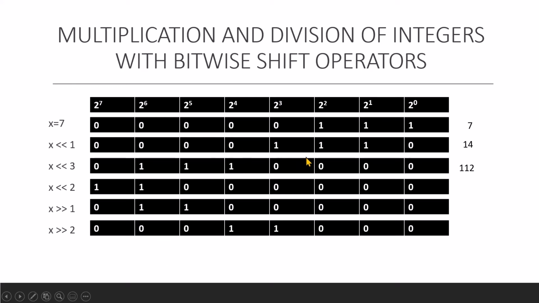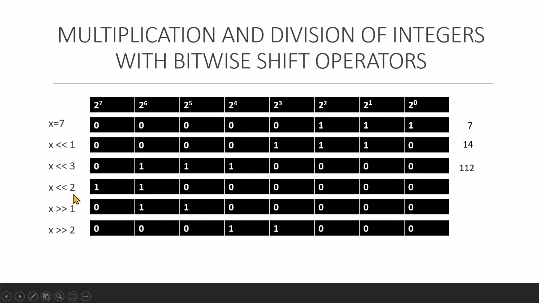Starting from 14: 14 twos are 28. That's the first shift to the left. 28 twos are 56. That's the second shift. 56 twos are 112. Now you know how x shifted to the left by 3 bits gives us 112. That is, of course, starting from 14.